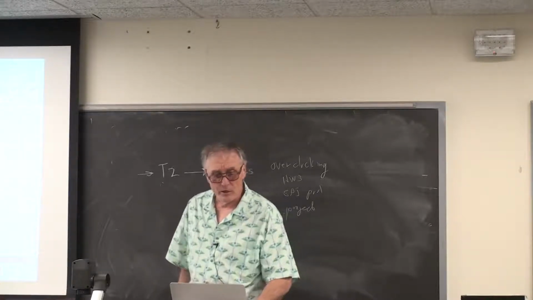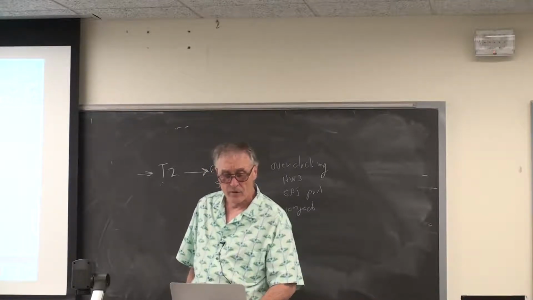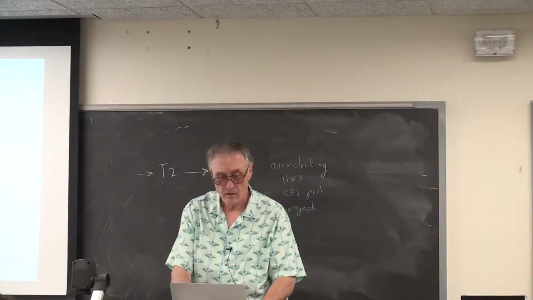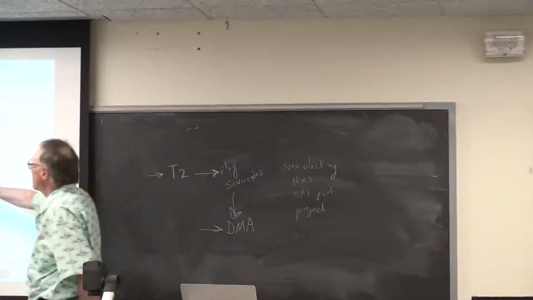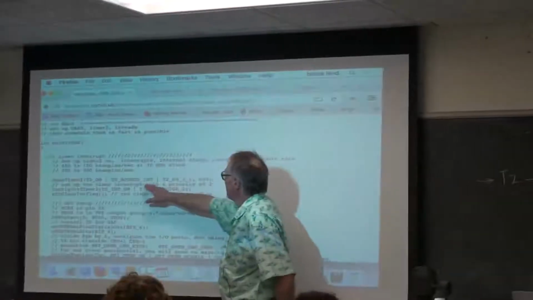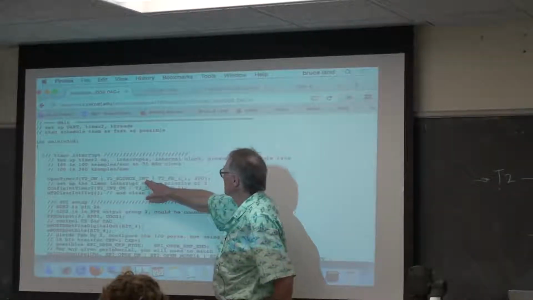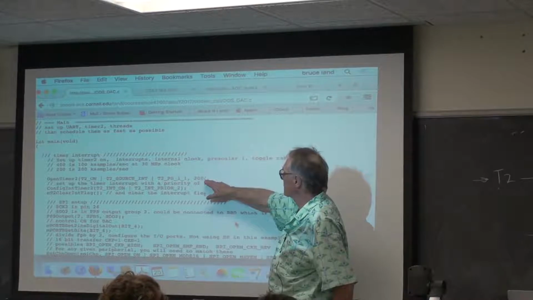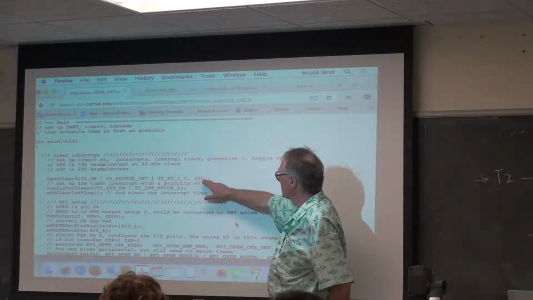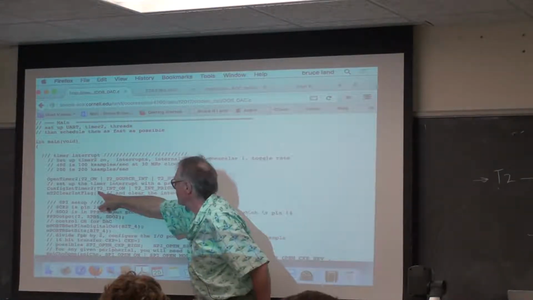So we go down here to where we turn on the timer. T2 on, T2 source internal, prescaler to 1, 200 cycles, or you're going to be probably much slower than that. You do not configure the interrupt.